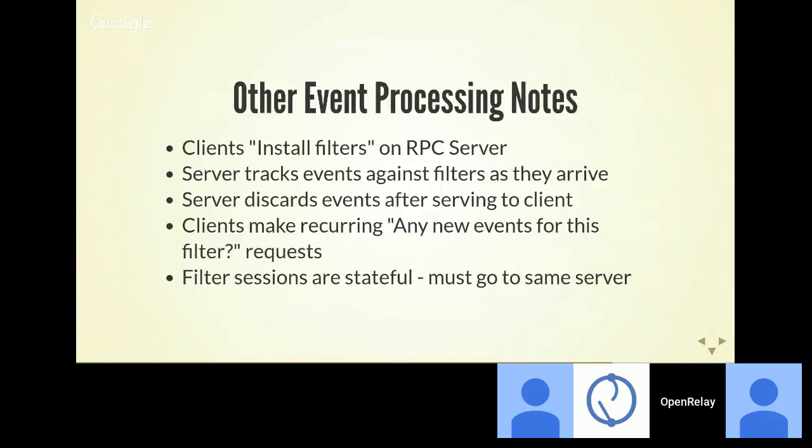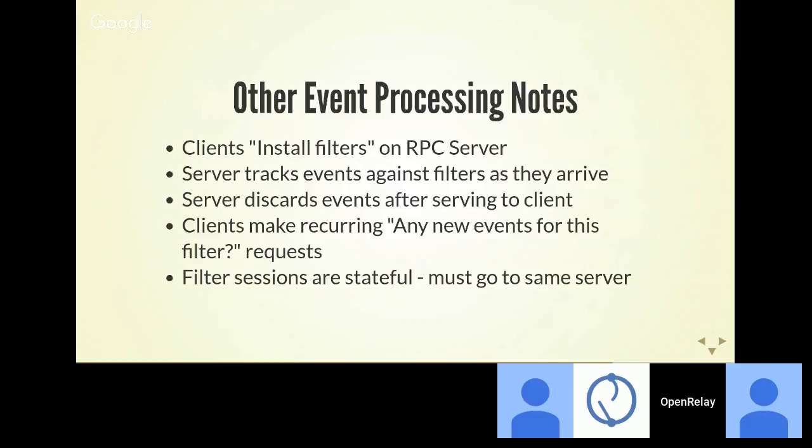So, some other event processing notes. In the Ethereum RPC system, clients will install filters on the RPC server. The server then tracks events as they come in from the peer-to-peer system against filters, and keeps track of those events with respect to the filter that requested them.